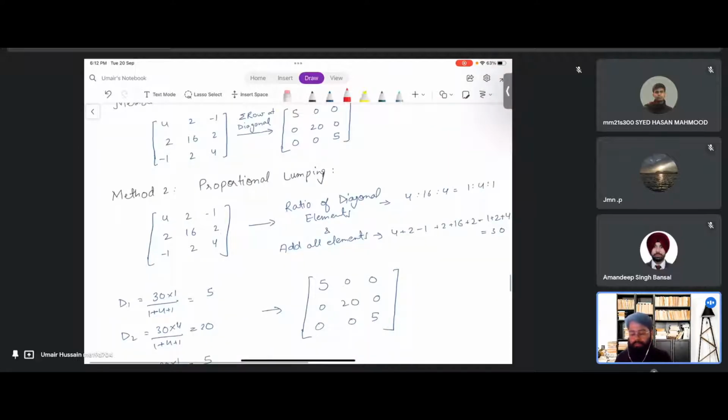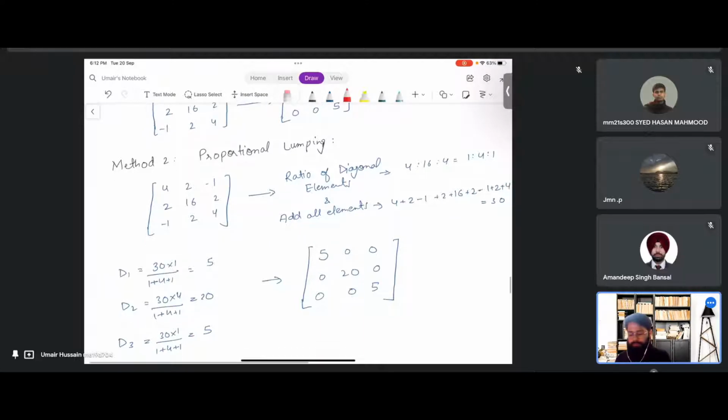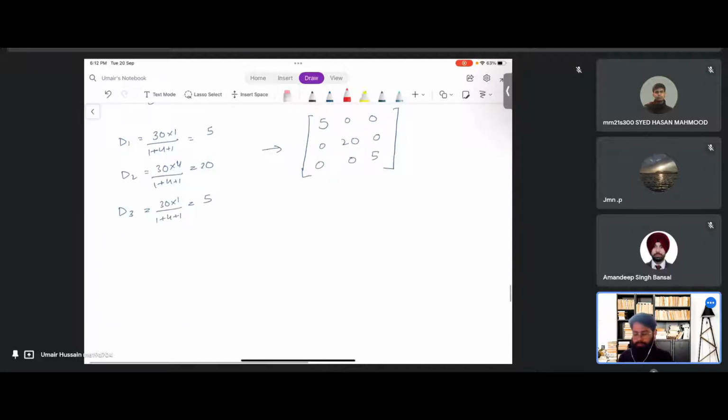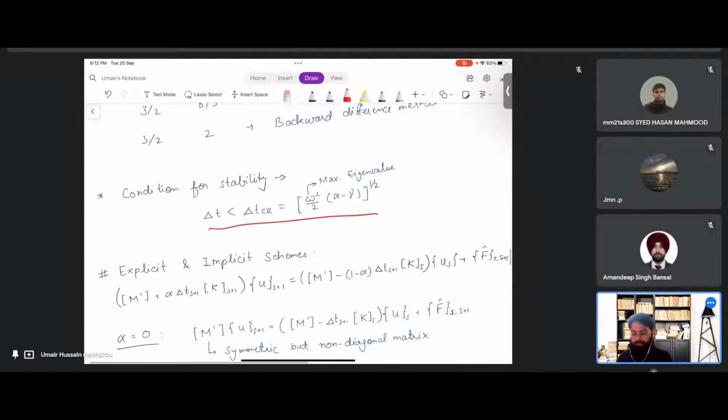Then there's proportional lumping, where we take the proportion of each diagonal term and distribute the sum based on that proportion. So yeah, this was it for this week's material.